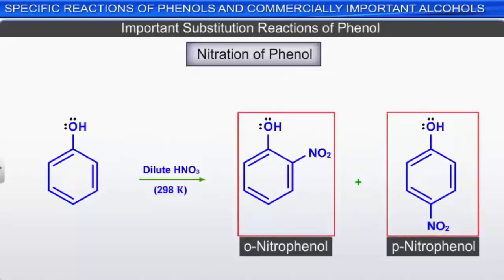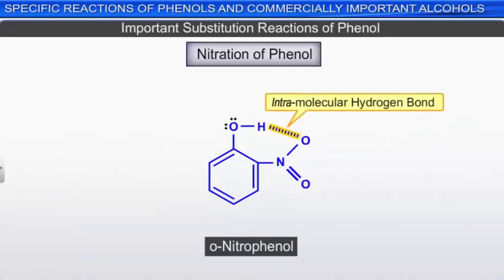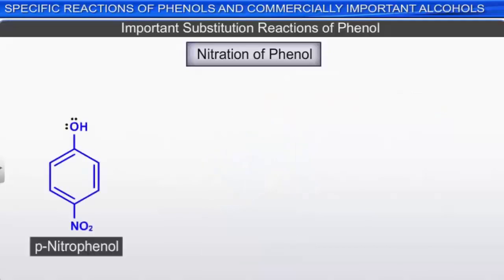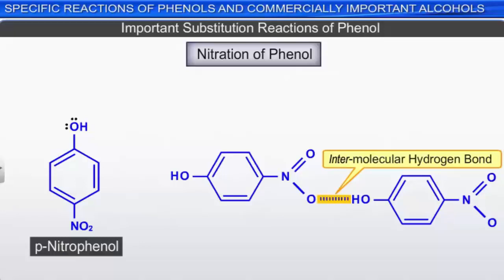As the illustration shows, ortho-nitrophenol can participate in intramolecular hydrogen bonds. The para isomer can participate in hydrogen bonds between molecules. The intermolecular hydrogen bonds hold the para-nitrophenol molecules together.